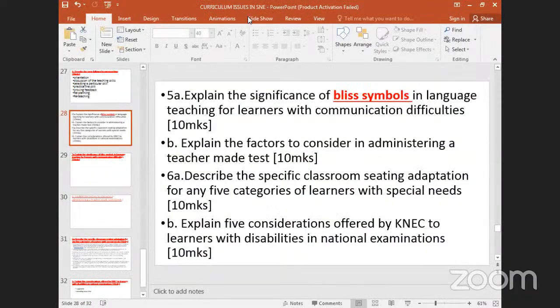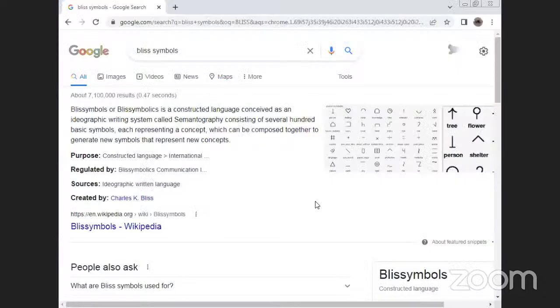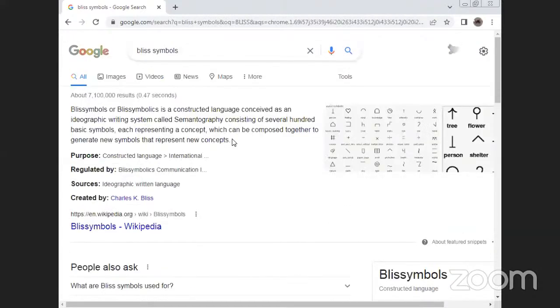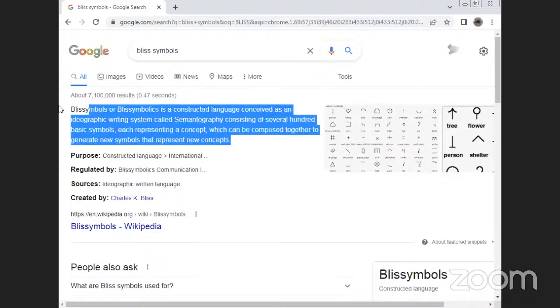Let me just get it so that we look at it together. I don't know whether you are able to see the screen, but I want you to see this part which is highlighted. Are you able to see the highlighted part?